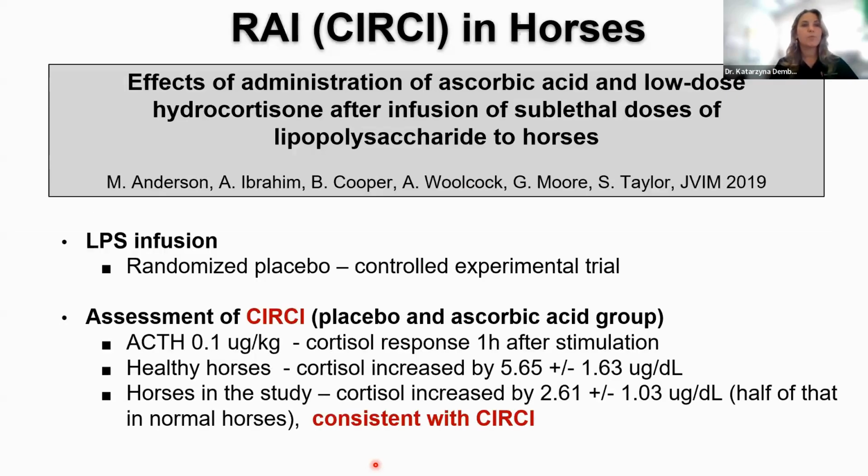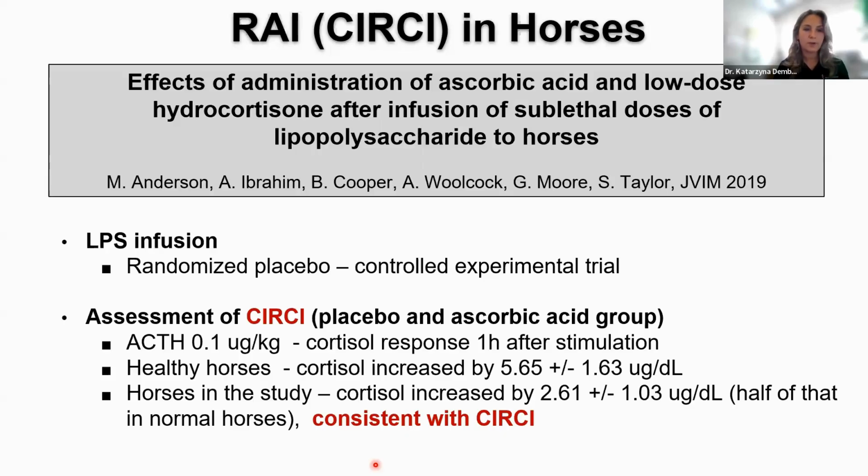And more recently, a paper was published looking at the effects of ascorbic acid, so vitamin C, and low dose hydrocortisone in horses that had an infusion of LPS, lipopolysaccharide. The authors also used an ACTH stimulation test to assess the HPA function.